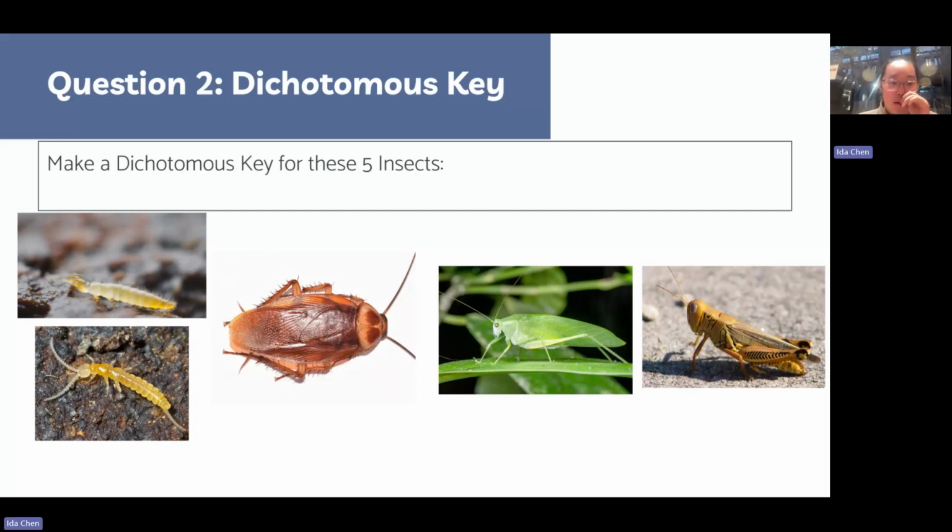Actually, let's do this. Can people see my pointer, my clicker? Okay, great. So let's go through each one of these and first see if y'all ID'd them correctly. We can basically practice IDing again.